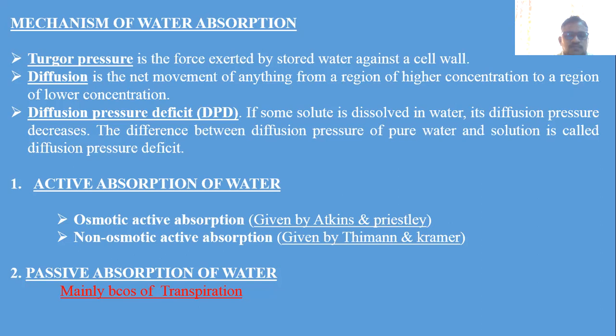But the next layer of cells has low water. At that time, water moves from the outside layer to the inside layer because of diffusion. As there is a change in concentration, the movement of water happens, which is called diffusion.